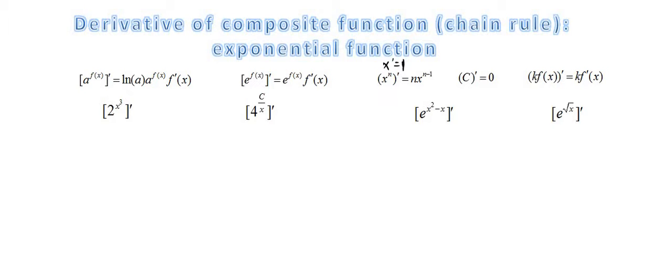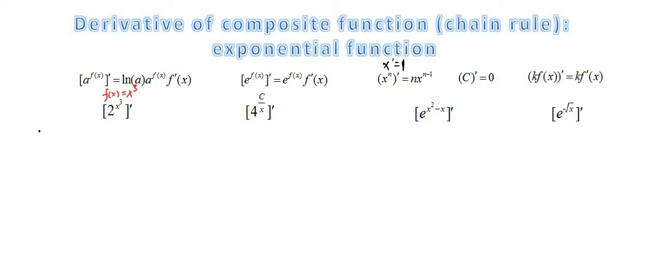Now let's take a look at the first example. As we can see, for the first example, we know that a is 2. Okay, so what is f(x)? f(x) is x cubed. Then we can apply the first formula.